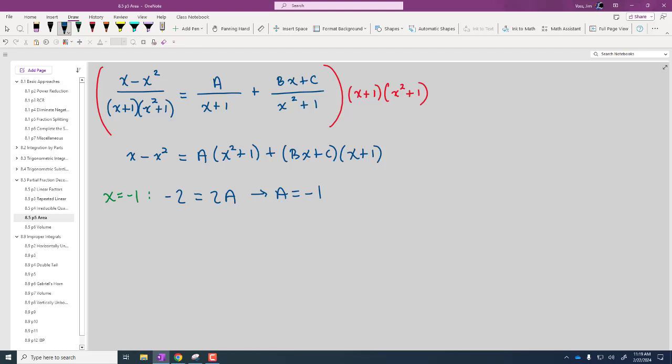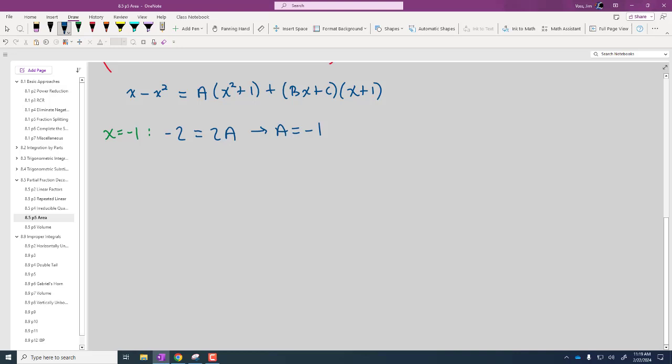So once you get that linear 0 worked out like that, now we have to reshuffle the equation. We reshuffle it by plugging in that -1 for a, combining like terms, and then doing the coefficient matching strategy.